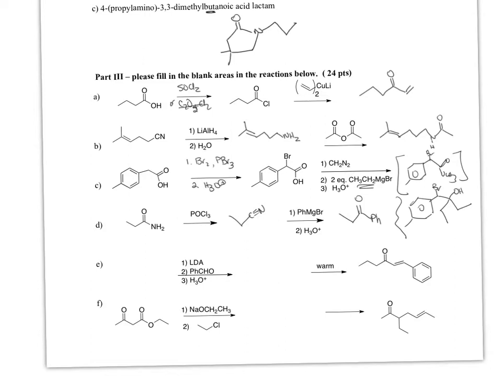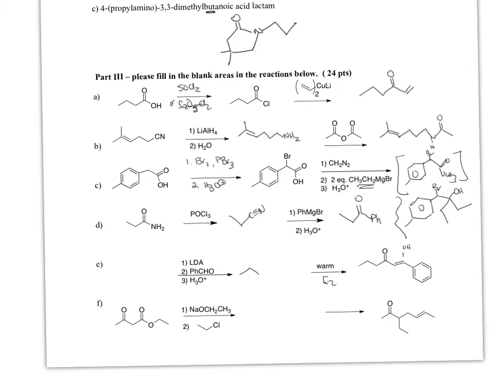Oh, sorry, imine. That will hydrolyze to the ketone. All right, E, I've got something blank, and it says I treat it with LDA and benzaldehyde and acid workup. Ooh, it looks like I'm doing an E2 here, so let me think backwards. That would be an alcohol there.